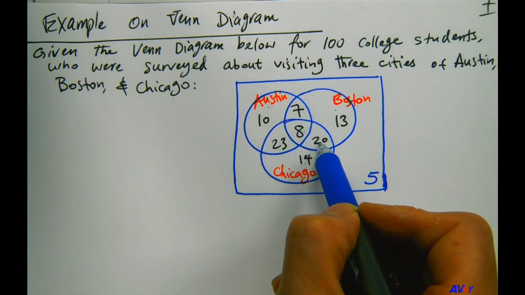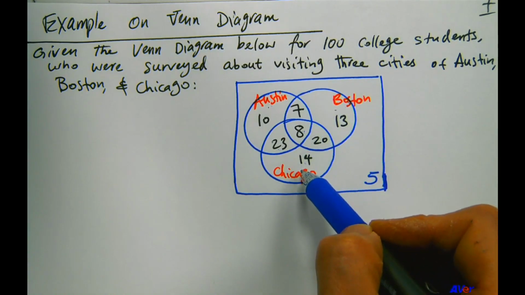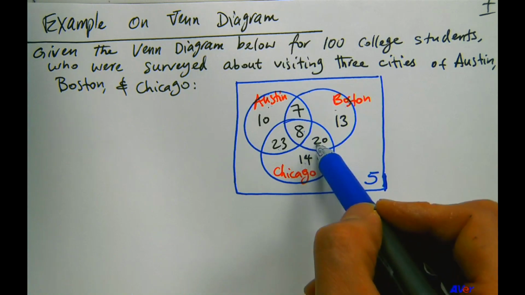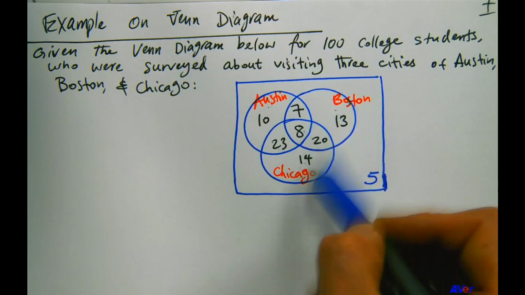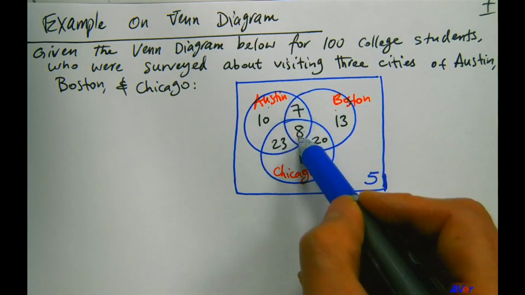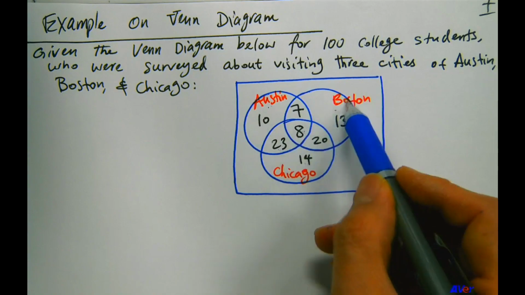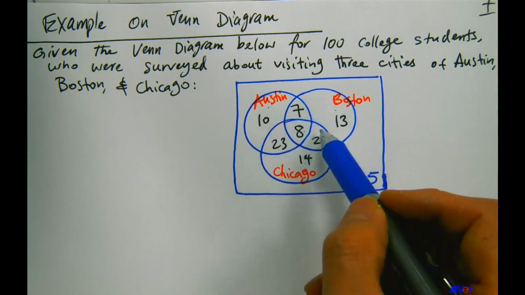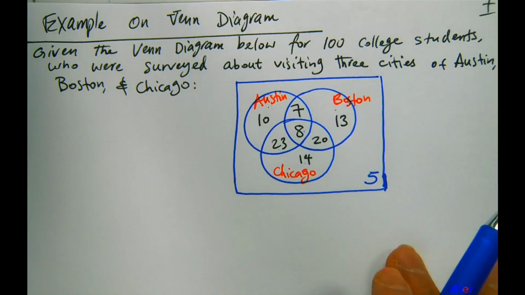But if I say how many visited Boston and Chicago, but not Austin, how many? You should say 20. Because these 20 are the ones who visited just Boston and Chicago, not Austin. Okay, Austin is left out, because these 8 visited Boston, Chicago, and Austin, all 3 cities. Okay? I hope this is making sense.